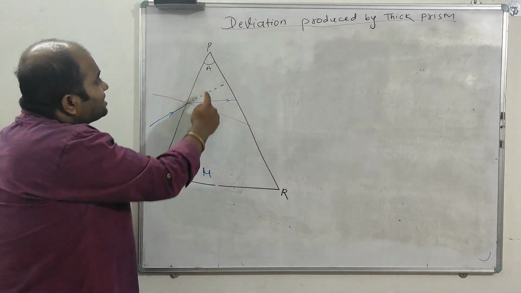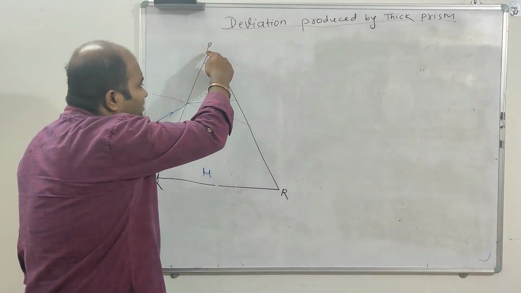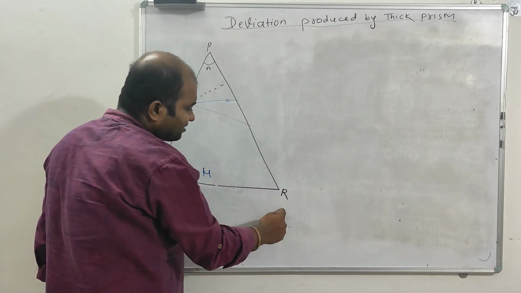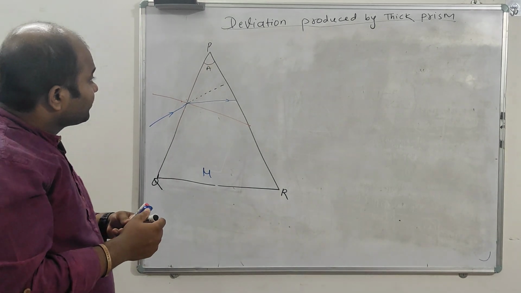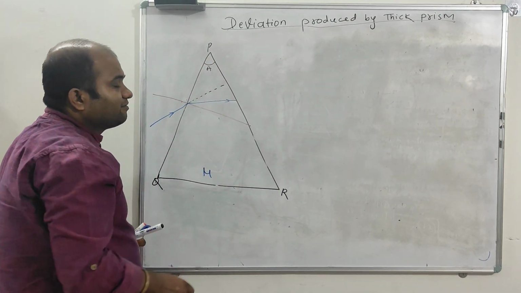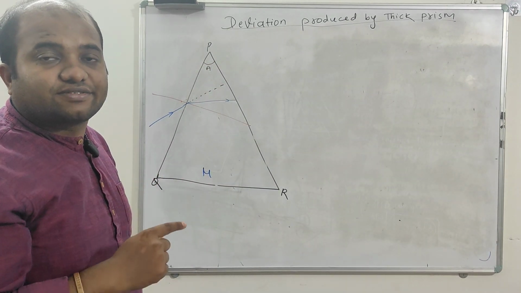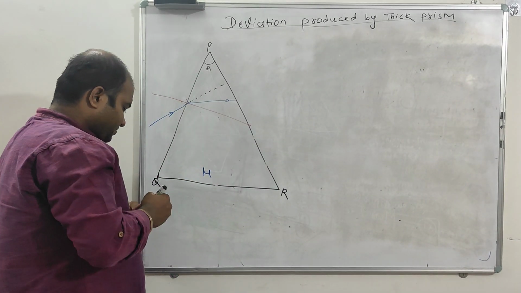Now when this light strikes the second surface, that is surface PR, what is happening here again? Before that we should draw the normal at that surface.